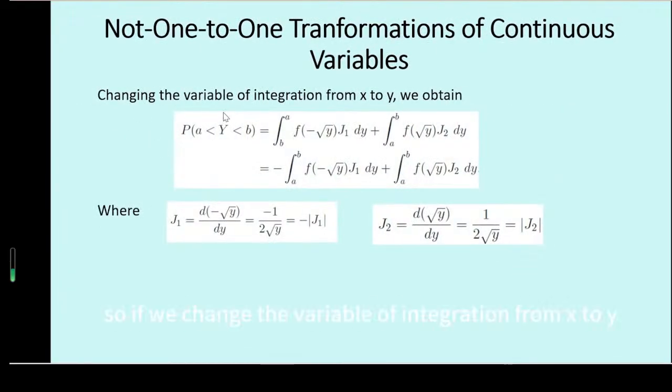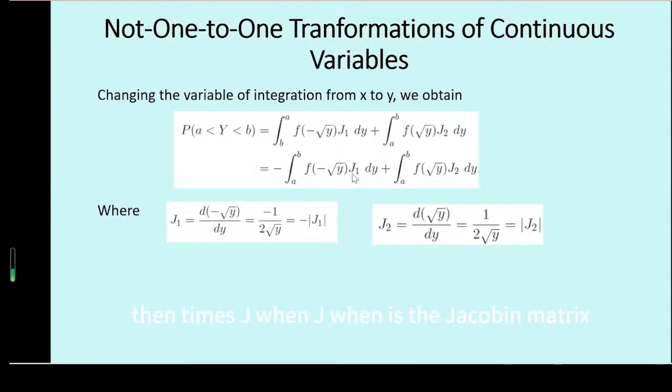So if we change the variable of integration from x to y, we can obtain the probability of y between a and b. The final result is the integral from a to b of the probability distribution of x, but we write minus square root of y, times J1.